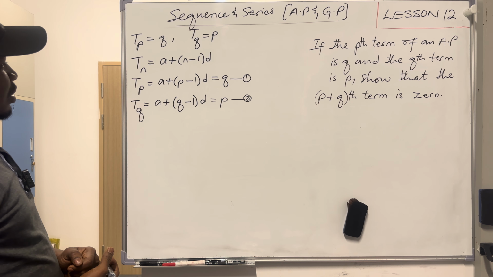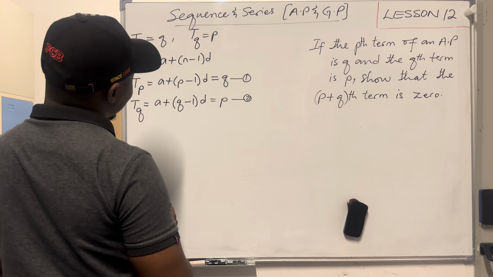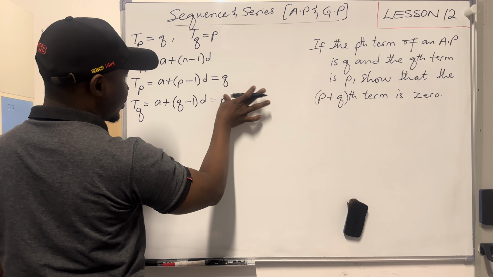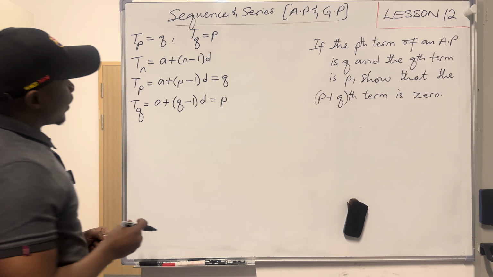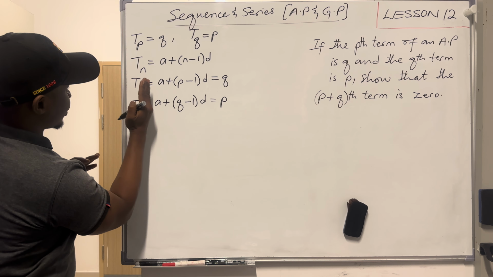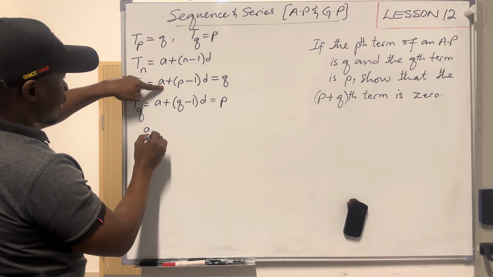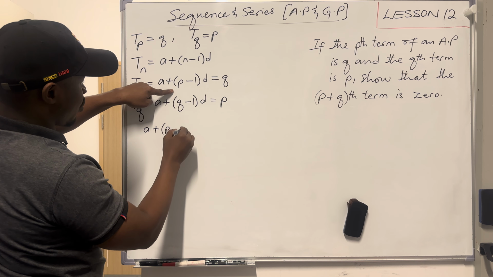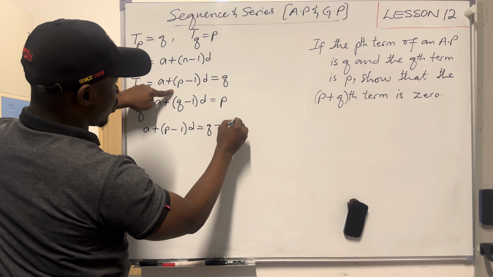Let me label here. So now we can say a plus (p minus 1)d equals Q. This is equation 1.